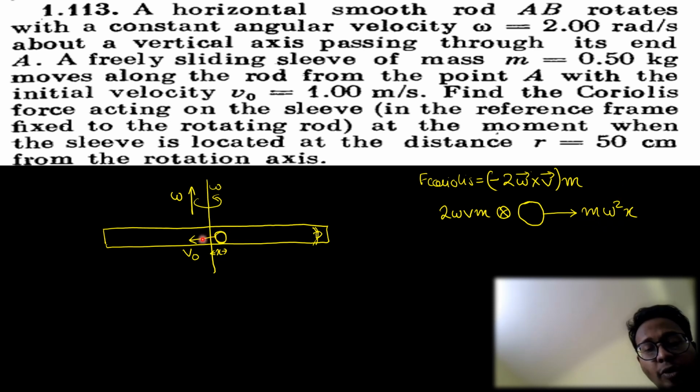As the ball goes towards left, what will happen? The ball will decrease its velocity. So when the ball decreases its velocity, this component of v will decrease. When this component of v decreases, what will happen? The Coriolis force also decreases. And now our question is asking, find the Coriolis force.